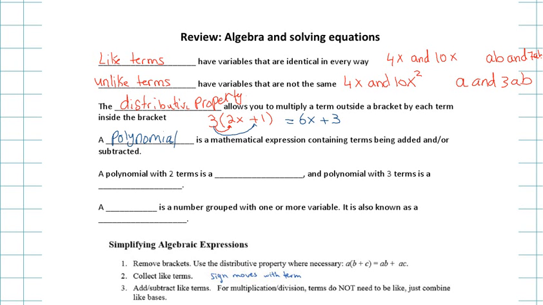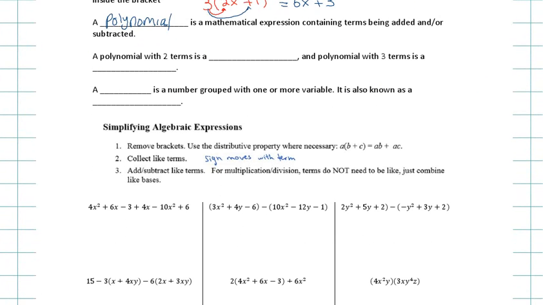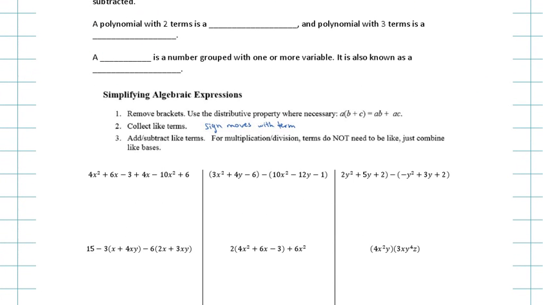A polynomial is a mathematical expression containing terms being added and/or subtracted. Whenever you see something that looks like this, you're going to call that a polynomial. Things that are added and subtracted together.